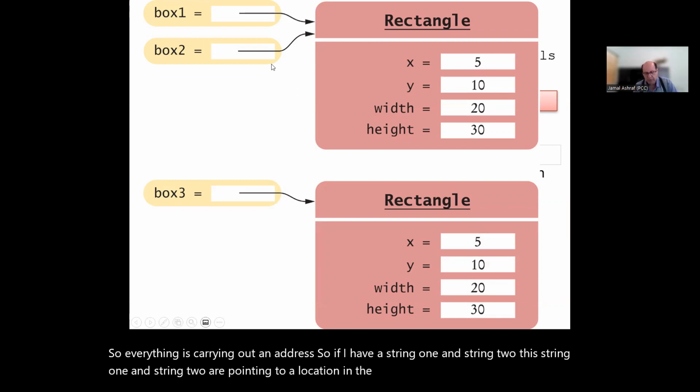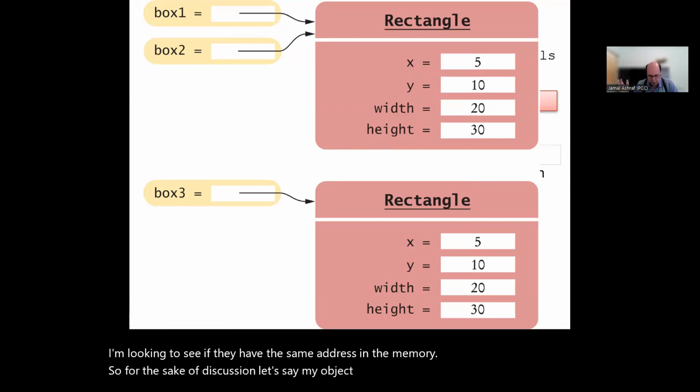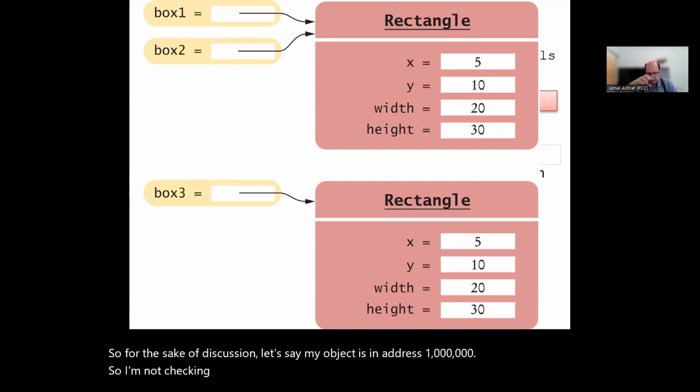So if I'm using equal equal, I'm looking to see if they have the same address in the memory. For the sake of discussion, let's say my object is at address 1 million. So I'm not checking to see if my object is equal to another object, I'm checking to see if they are pointing to the same location.